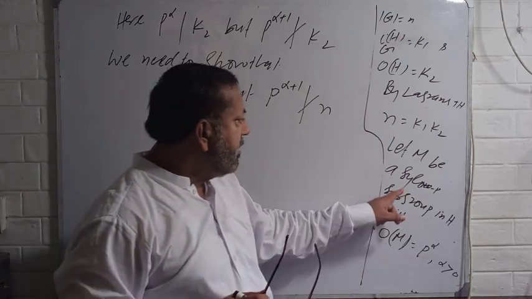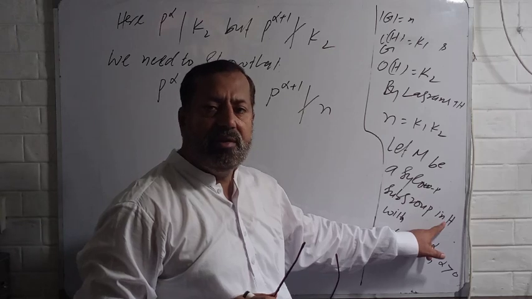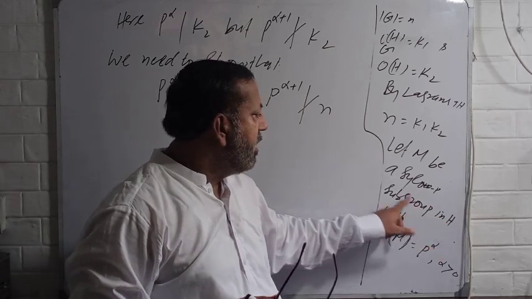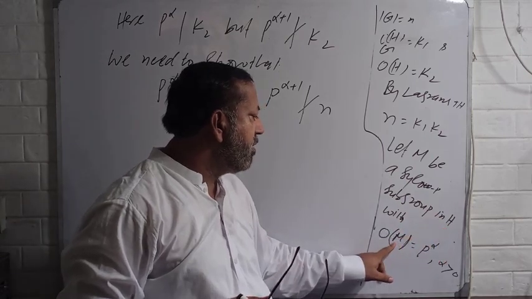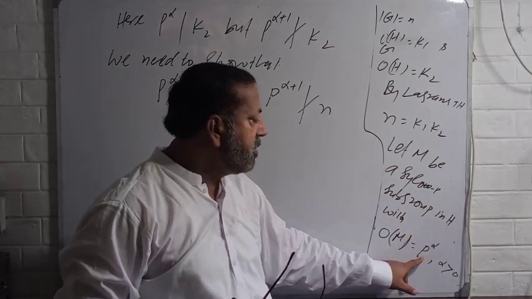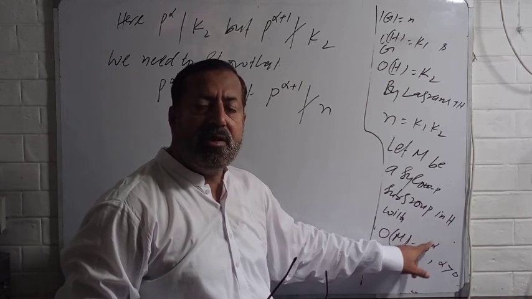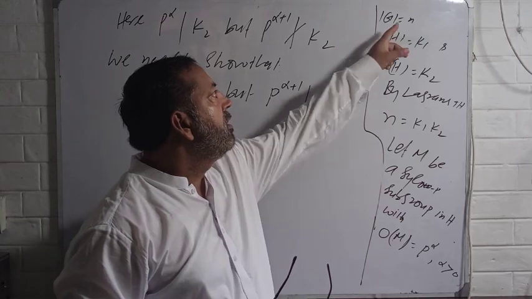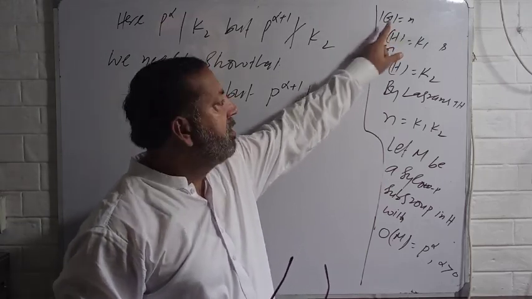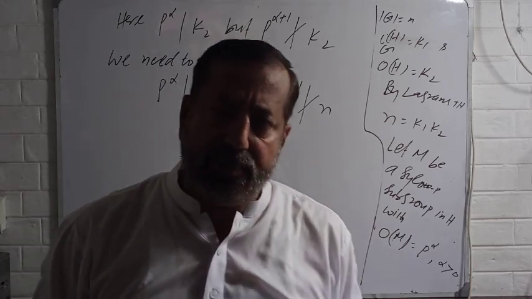You have supposed that M is a Sylow-p subgroup in H, right? Let M be a Sylow-p subgroup in H with order of M equal to P power alpha. Of course, P power alpha divides order of H, and P power alpha plus 1 does not divide order of H. But we want to show that M is also a Sylow-p subgroup of G due to index and P being relatively prime.